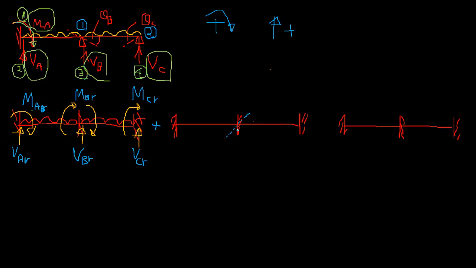So that means I have to rotate this support. Otherwise, I can't give it, because usually theta is 0 at a fixed support. The only possible way you can do it is you apply a moment and rotate the support. So this is 1.